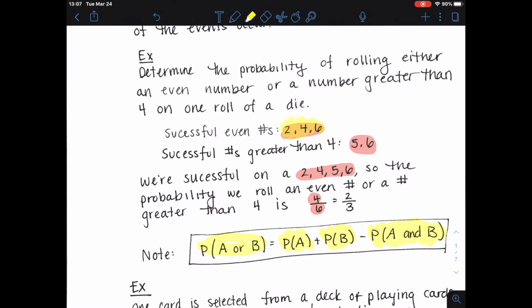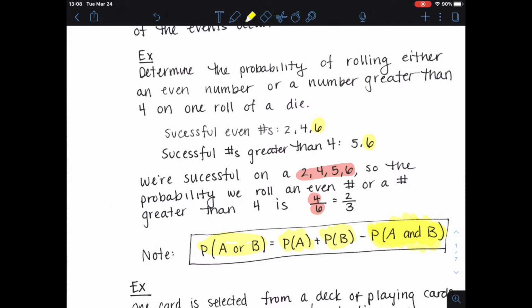So you have 3 out of 6. Then the probability that event B is successful, which is the number greater than 4, is going to be 2 out of 6 or 1 out of 3. You notice we have a little bit of overlap between these two. I've got this number 6 that appears in both of these categories. That would be the probability of us having an even number and a number greater than 4. So we'd have to get rid of 1 out of 6 to account for this overlap.